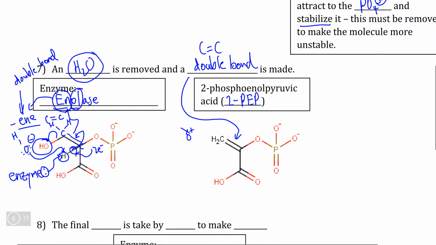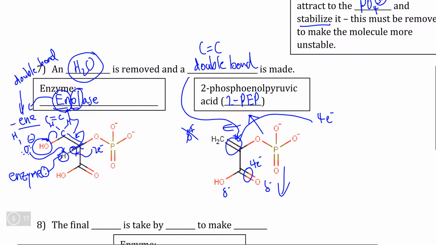Now that positive pole is gone, and we have added a second double bond, which means that we've got 4 electrons in a relatively dense position here, and all of that repulsive force means that the phosphate has become even more unstable, because now it's surrounded by this carbon-to-carbon double bond with no positive pole to stabilize it, but all of the negative charge on the other side from the polar oxygens with negative poles and from the 4 electrons in this double bond.